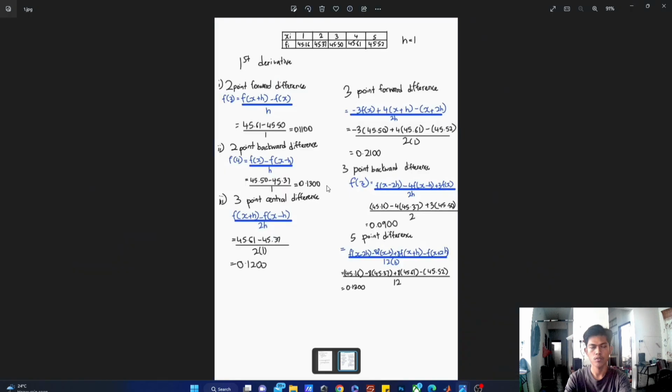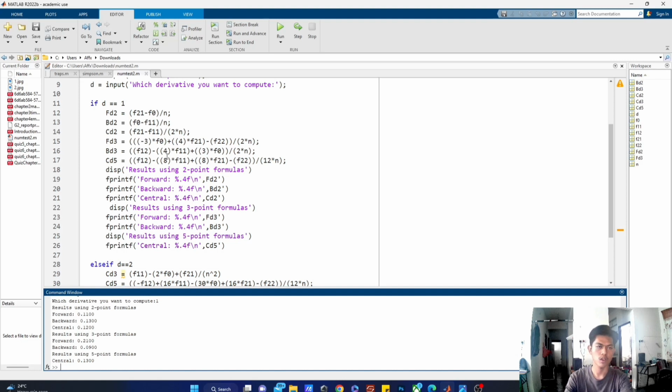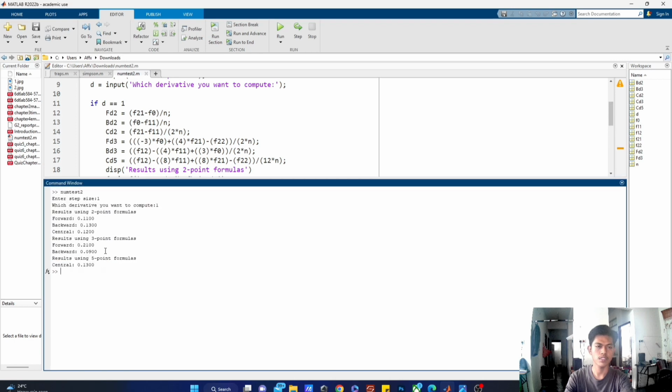Comparing with the manual calculation, the answer for the first 2-point forward difference is 0.1100, which is the same as the manual calculation.